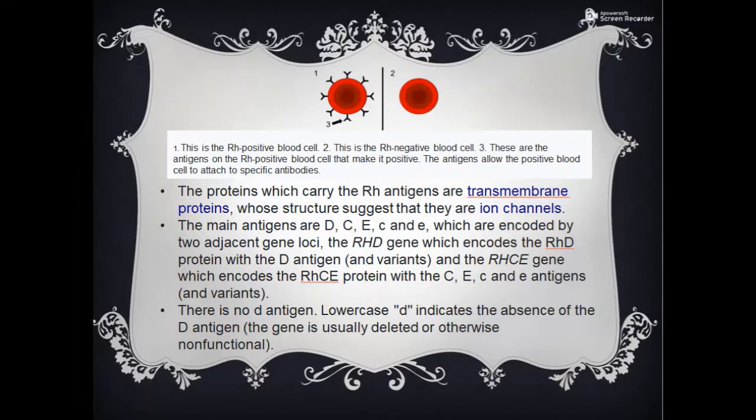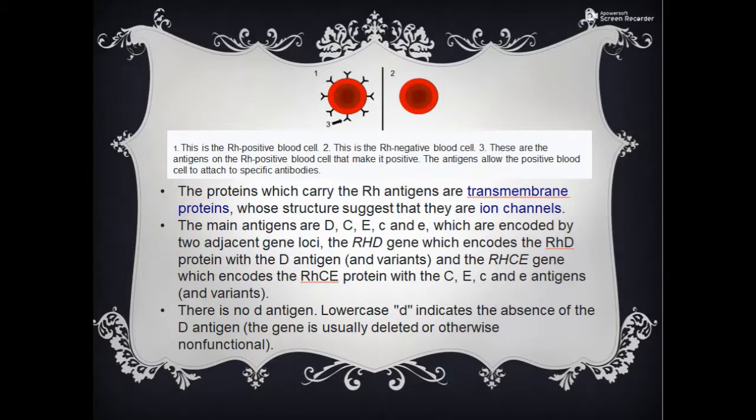Now, along with the RHD gene, you can have either capital C, capital E, or small c or small e. Different variants of C and E will be combined with the capital D gene, and that is responsible for the Rh positive nature.